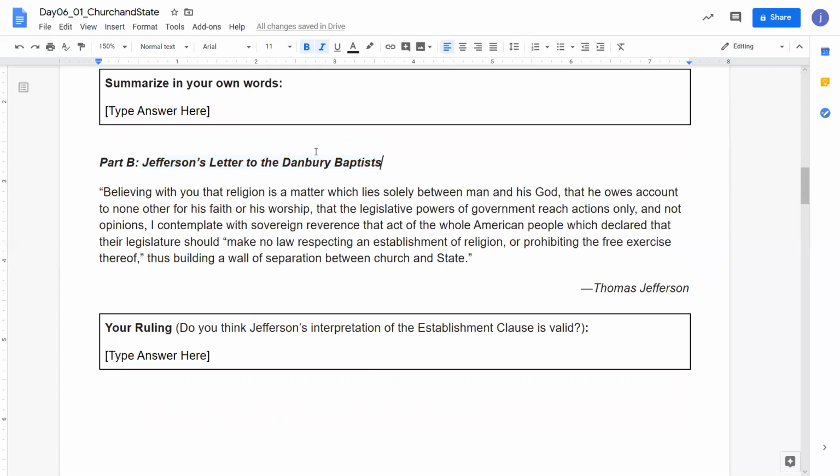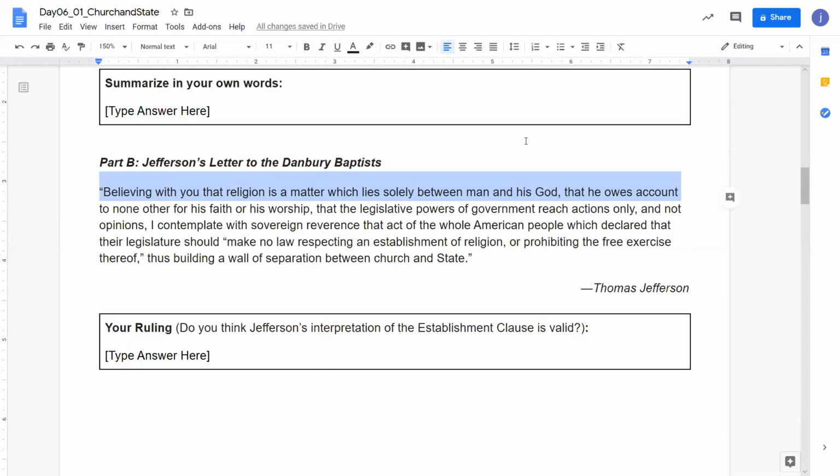The background information for this group is that while they're Christian, while they're religious, they support having religion separate from their government. They like the religious freedom to practice their own religion, to not mix it with government. So that's their background. I'm going to read an excerpt, part of his letter to the Danbury Baptists.